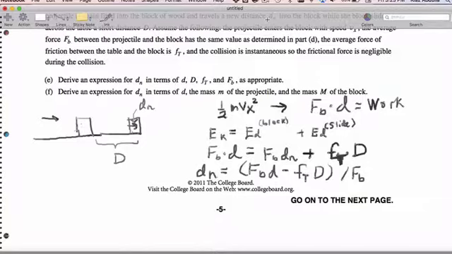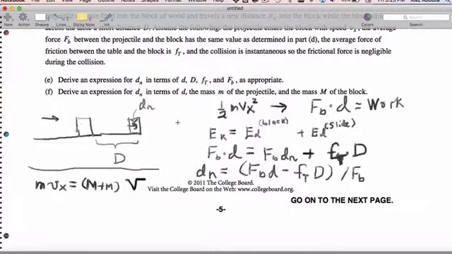Now, for part F, we have to do something a little bit different. We want to get it in terms of the mass. So let's talk about why we can even use those two masses. We know that mVx of the projectile, we can conserve momentum by saying that is m plus M times capital V for the block.